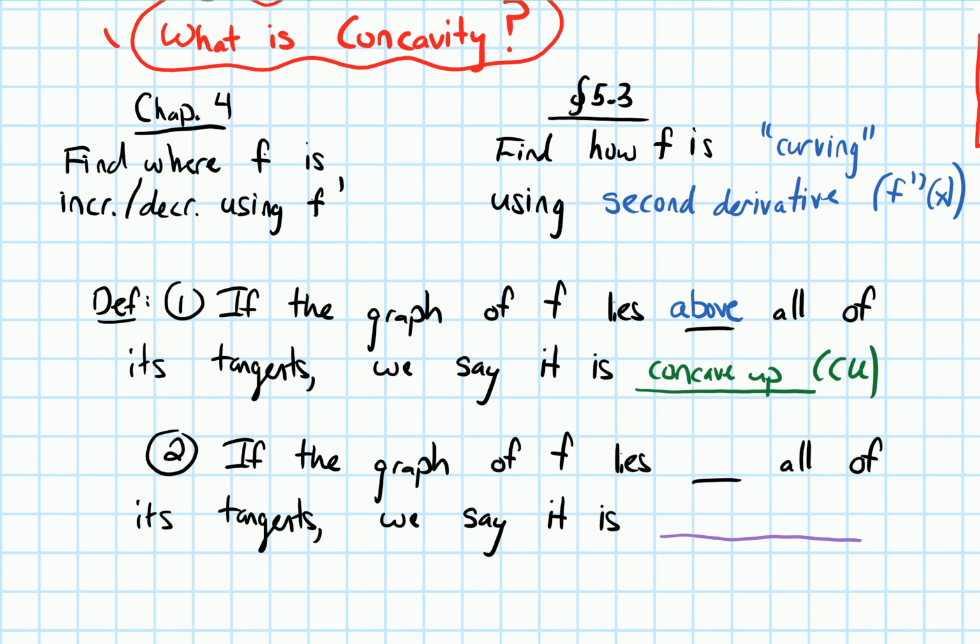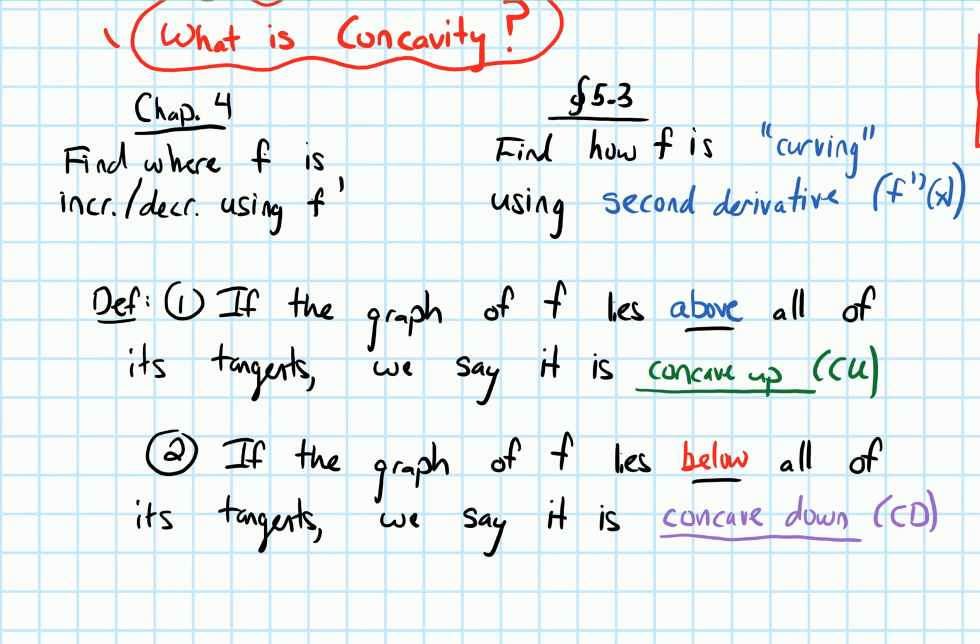Okay. So there's a similar definition for concave down, and that's the second part. If the graph of f lies below all of its tangent lines, we say it is concave down. So concave down, and I'm going to abbreviate concave down as CD. I think I might have forgotten to mention this, but concave up, I'm going to abbreviate that as CU.